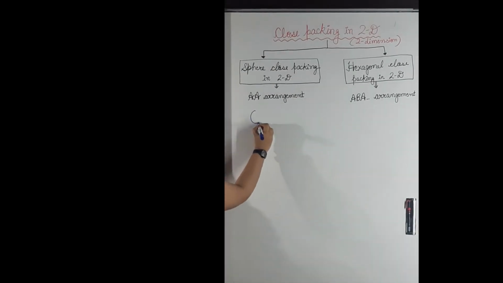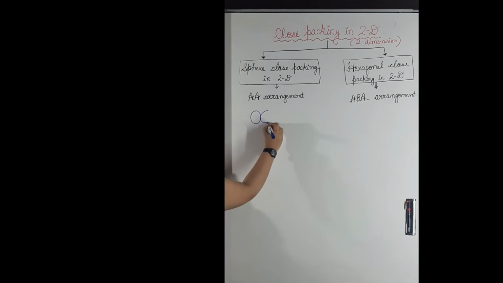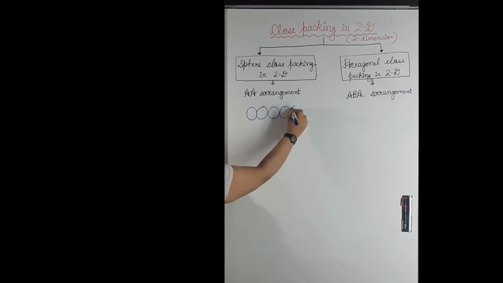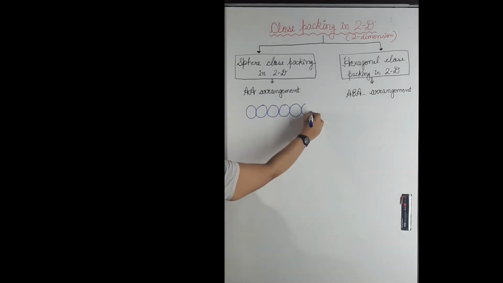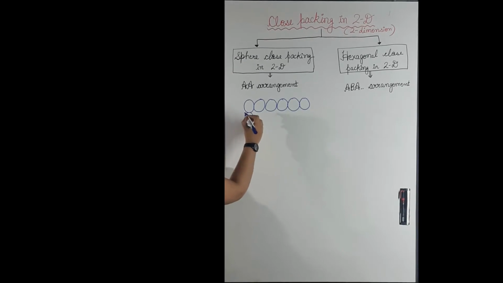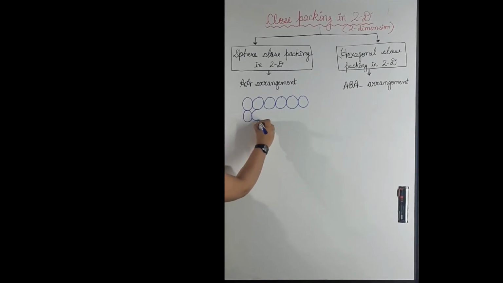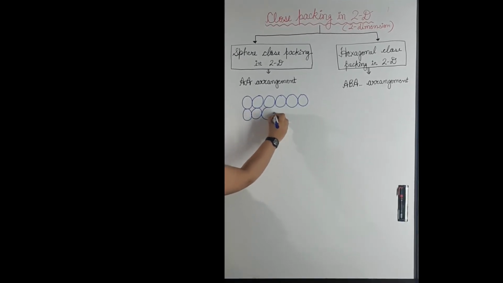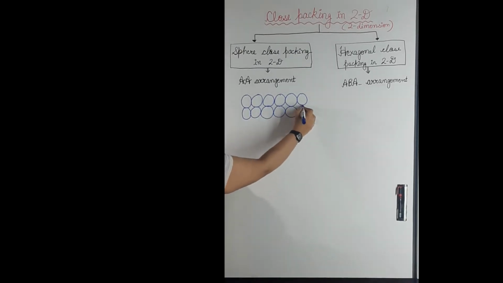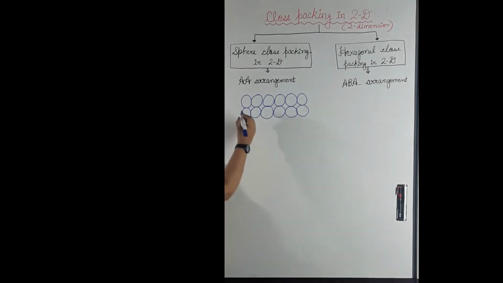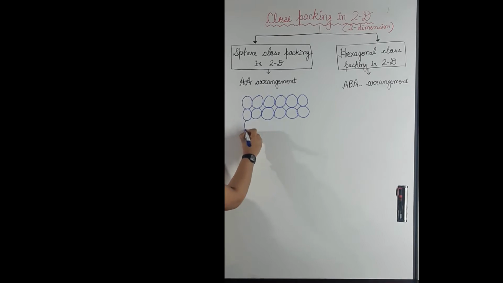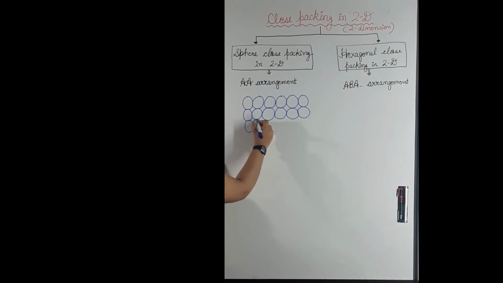As you can see on the board, these are the spheres or the constituent particles of the first row, and the spheres in the second row are placed in such a way that there is vertical and horizontal alignment of the spheres in the second row.